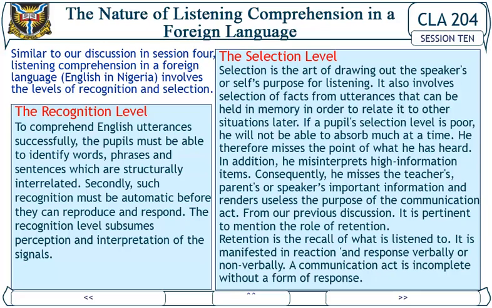He therefore misses the point of what he has heard. In addition, he misinterprets high information items. Consequently, he misses the teacher's, parent's, or speaker's important information and renders useless the purpose the communication has.